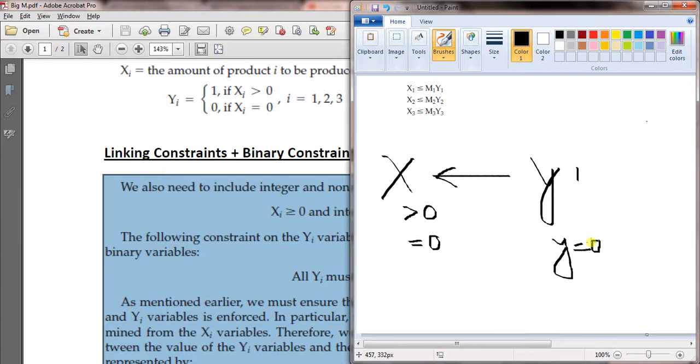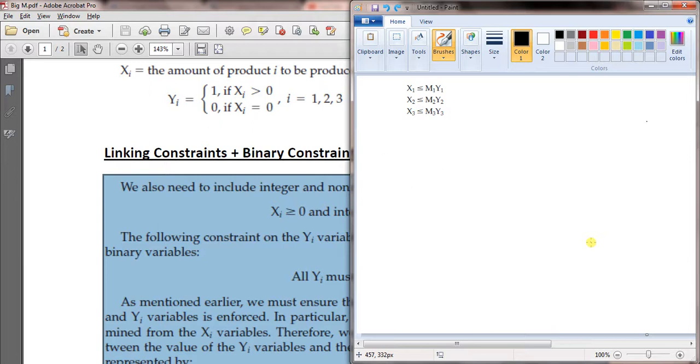Now how can we implement it? This is implemented through something called a linking constraint. How we do it is, we say x is less than or equal to My. This y, we know it's binary. This x has some amount of values.